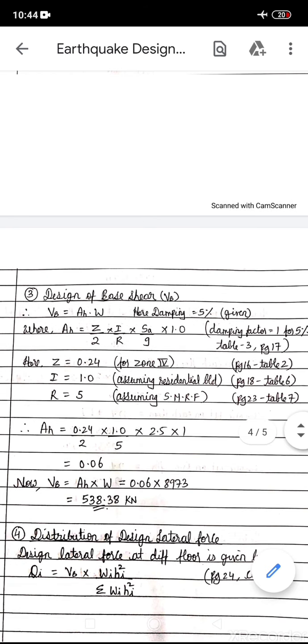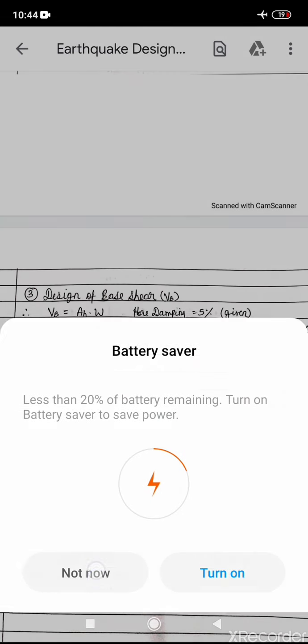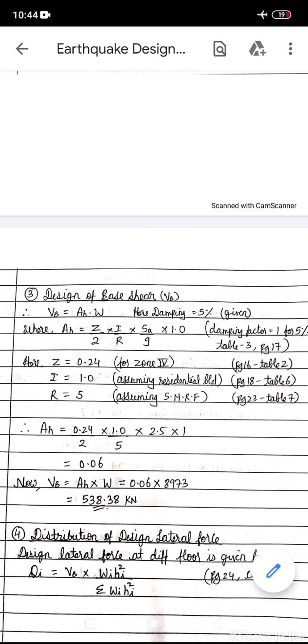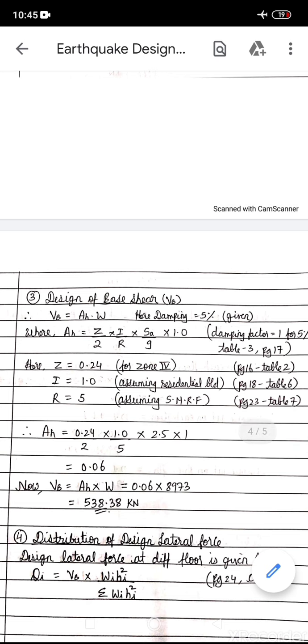And again I is equal to, since it is not given, we will assume it as a residential building. So in the question if it is not mentioned, you can assume that if it is a normal residential building, the importance factor is 1. This is given in table 6, page 18.